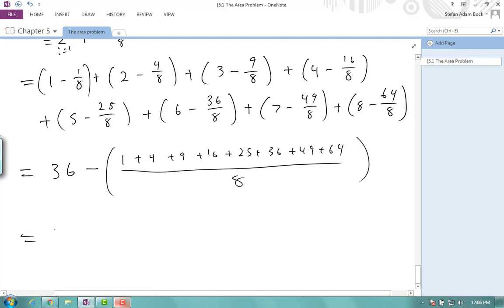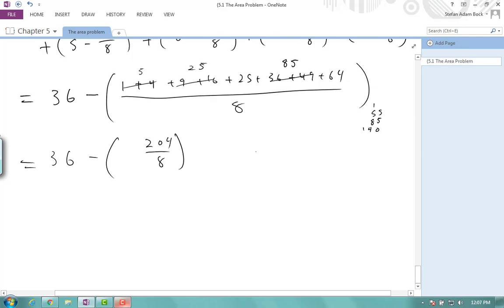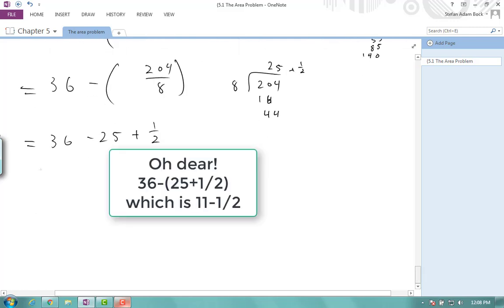Now I just gotta plug through that. 204 divided by 8. Wonderful. Let's see if this is an integer. 204 divided by 8. I end up getting 36 minus 25 plus 1/2 after division, leaving me with 11 plus 1/2.